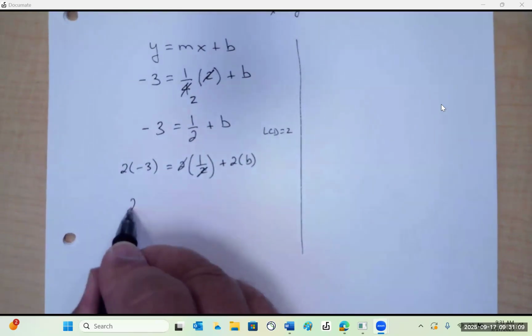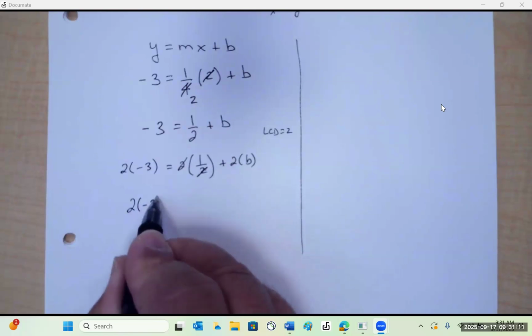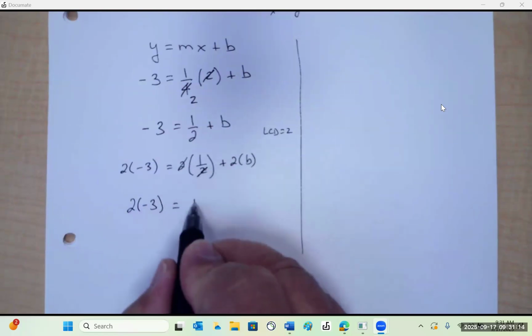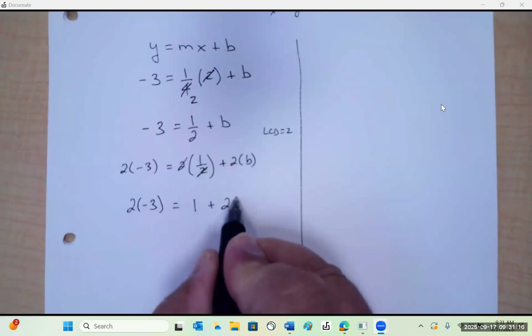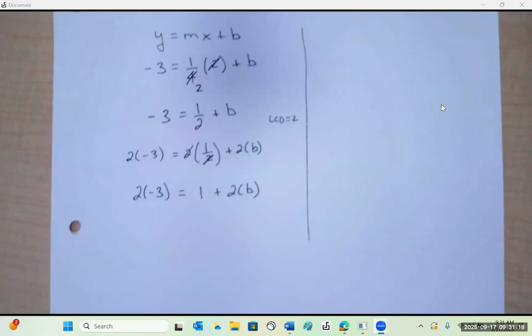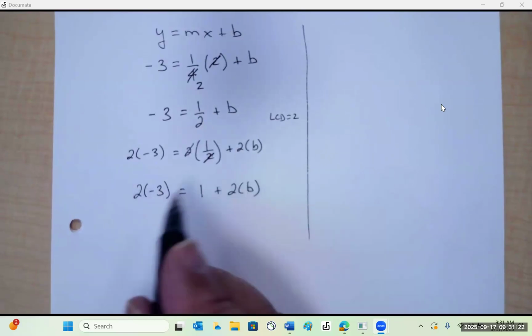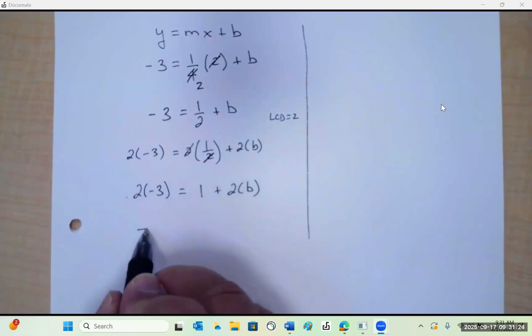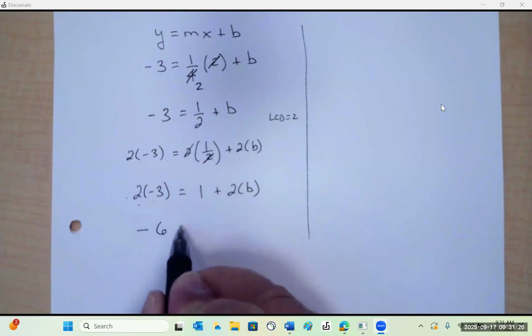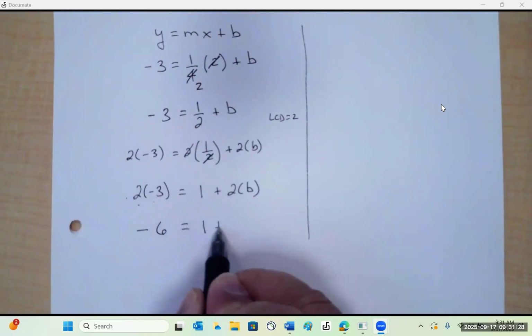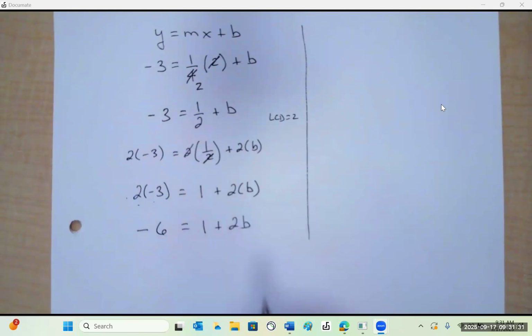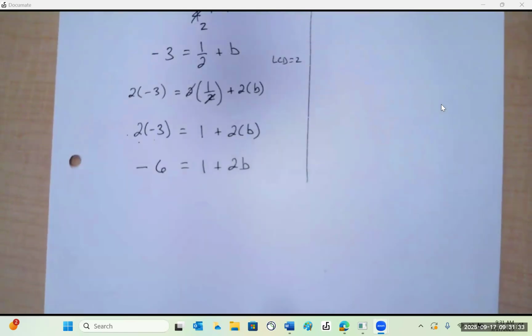So we have 2 times -3 equals 1 plus 2b. Get rid of the fraction, decimal, or percent, parentheses. Positive, negatives, and negative. 2 times 3 is 6. Equals 1 plus 2b. Solve for b.